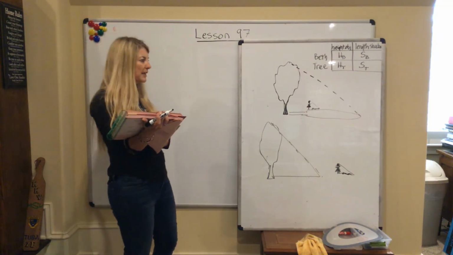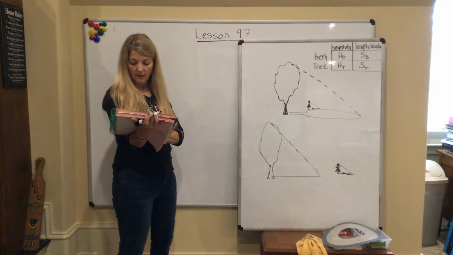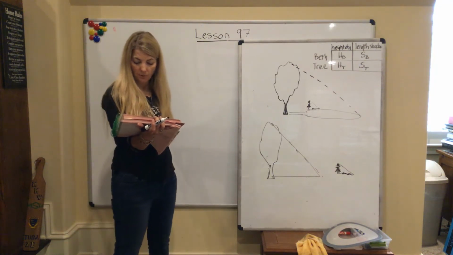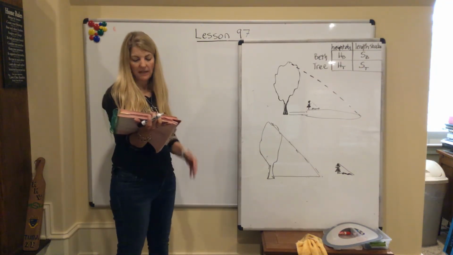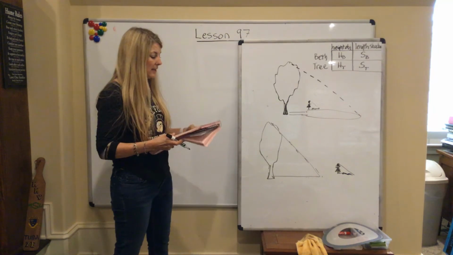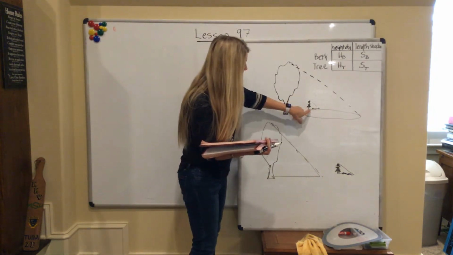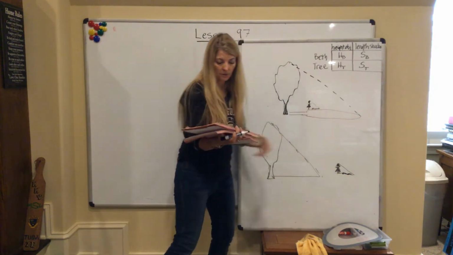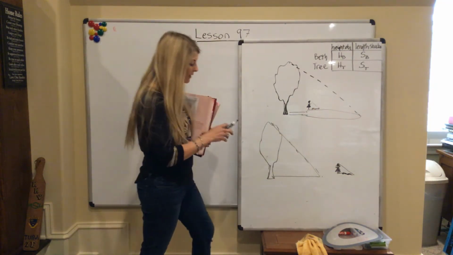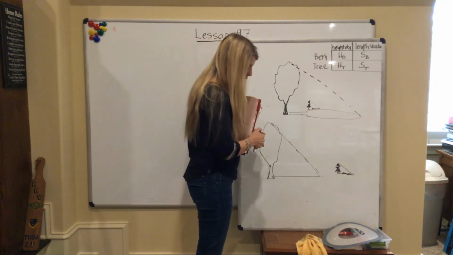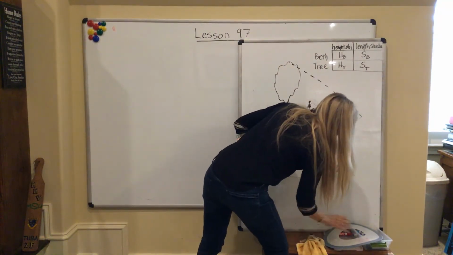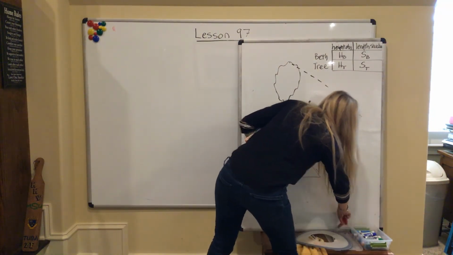Beth did not directly measure the tree. Instead, she used her knowledge of proportions to indirectly estimate the height of the tree. What she was looking at is the length of her shadow and the length of the shadow of the tree. If you look carefully, the shadows create two similar triangles.